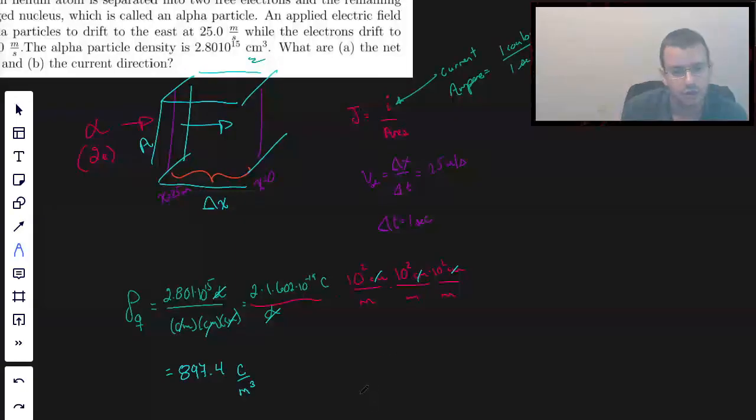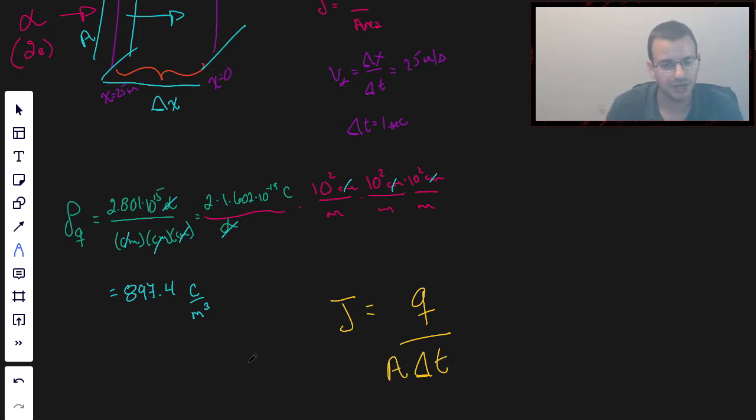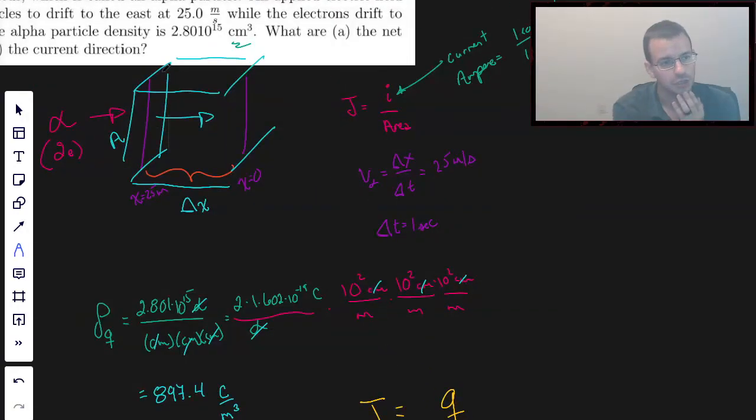Okay? So the current density is going to be the charge that passes through this plane on the right side right here, so charge over a given delta t. And we're going to divide by the area. The reason we're dividing by the area is because we want to find the volume that passes through this area.